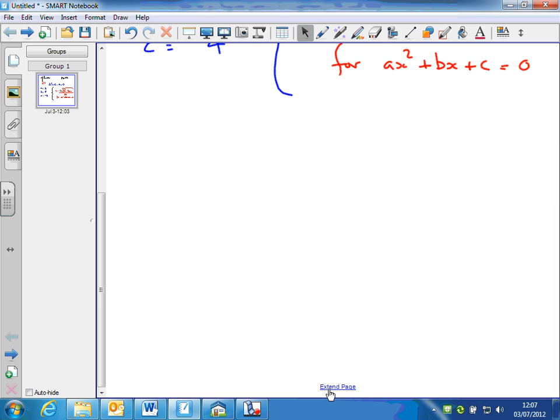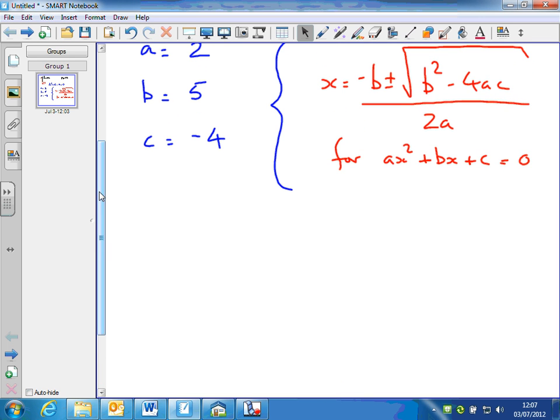So we have the quadratic formula, x equals minus b plus or minus and so on. So we just rewrite this formula, but substituting in the numbers. It's a good idea to literally rewrite the formula and put the numbers in and put a bracket around the number as follows.